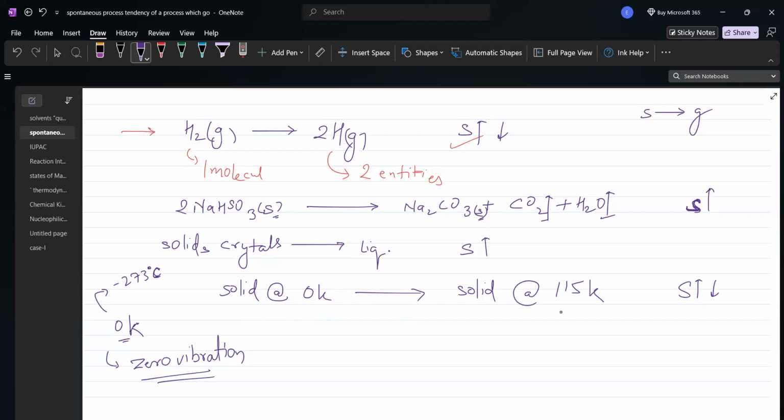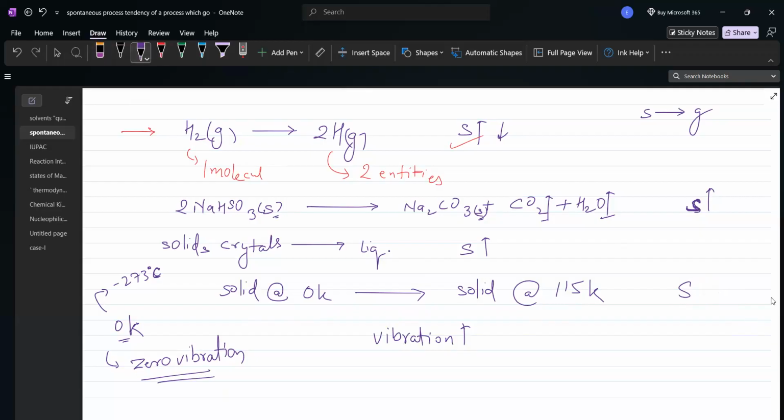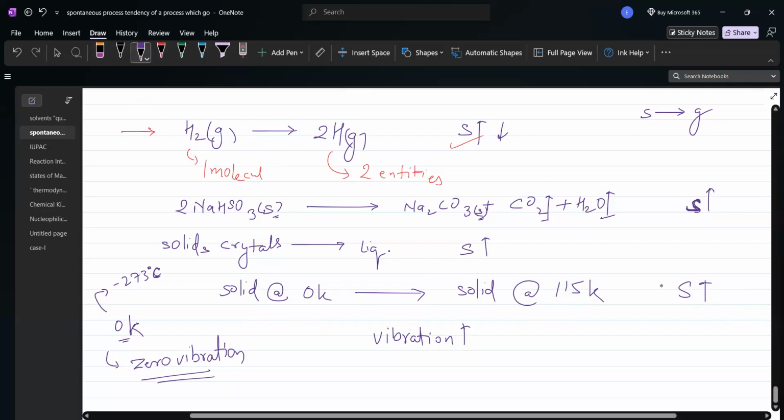As we increase the temperature, vibration will increase, right? Yes, sir. Vibration of particles will increase. So what do you think, Jaslyn? Will entropy increase or decrease? Entropy increases, right? As the vibration starts, the entropy will increase, right? Everybody.